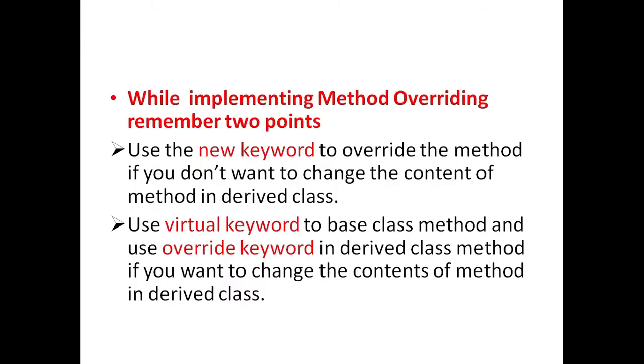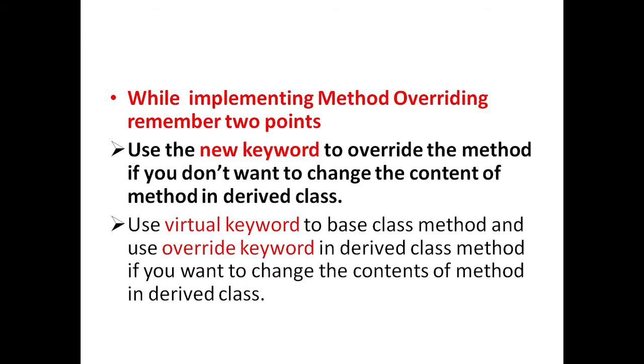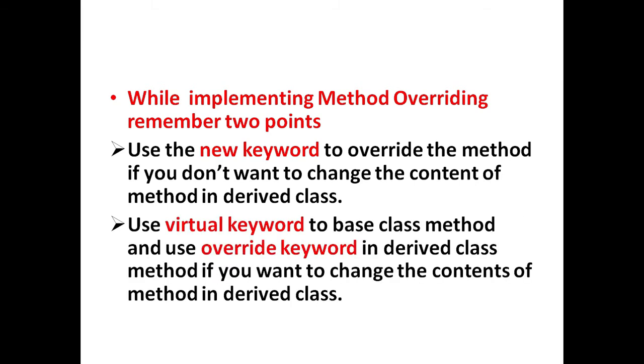While implementing method overriding, remember 2 points. Use the new keyword to override the method if you don't want to change the content of the method in the derived class. And use the virtual keyword on the base class method and the override keyword in the derived class method if you want to change the contents of the method in the derived class.